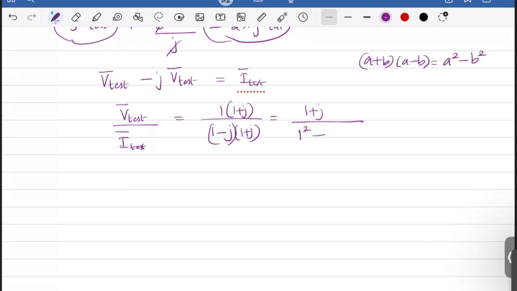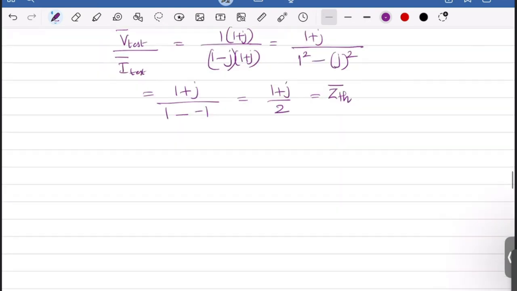So this is 1 square minus j square. Now you know j square is minus 1, so this becomes (1 plus j) by (1 minus minus 1), which is 2. So (1 plus j) by 2 is your Z Thevenin.